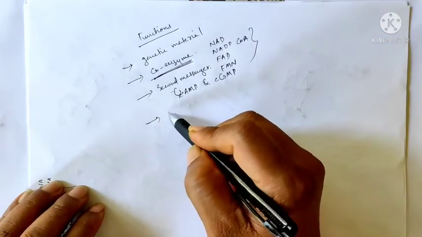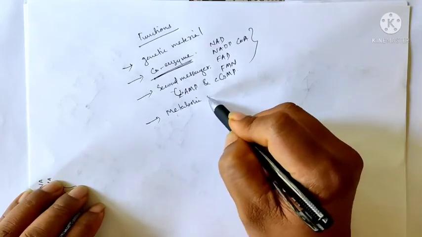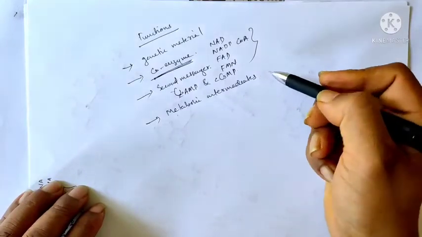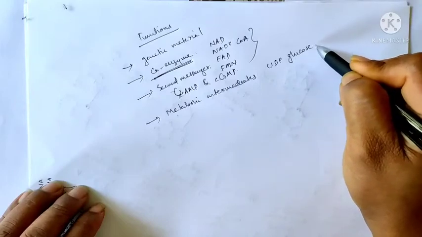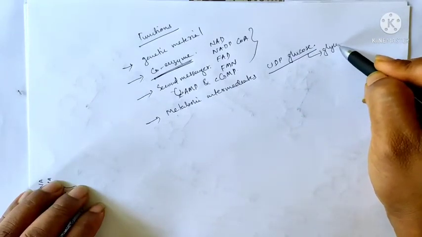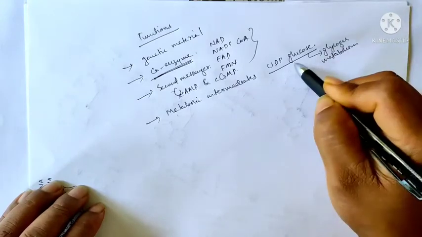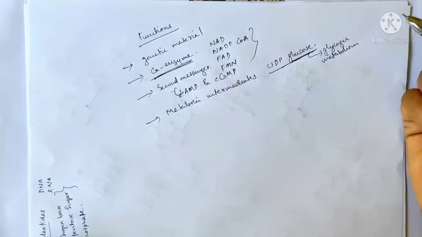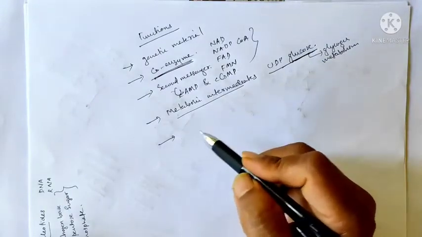Then again, they act as metabolic intermediates. For example, UDP glucose. We studied UDP glucose in glycogen metabolism. It's the donor of glucose for forming glycogen. It acts as a metabolic intermediate.